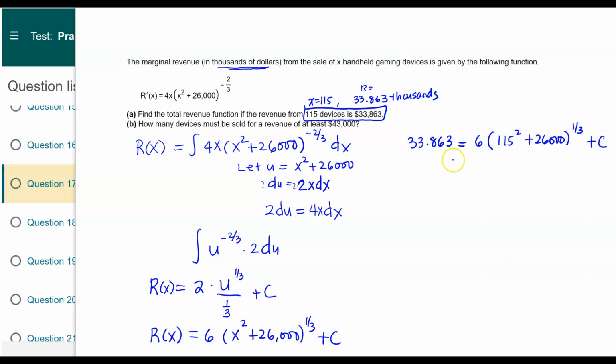So let's go ahead and plug this into our calculator. I computed this value and subtracted that from 33.863.